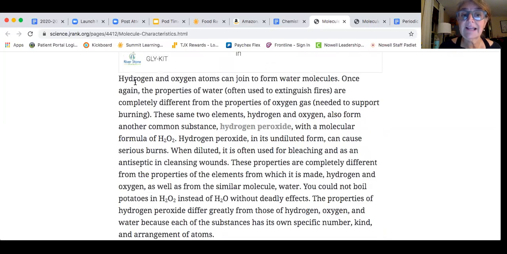So I want you to read the rest of this article because it also talks about the way we combine hydrogen and oxygen to form water, H2O. And if we add an extra O in there, we get hydrogen peroxide, which many of you know is something that we use to bleach or to clean.